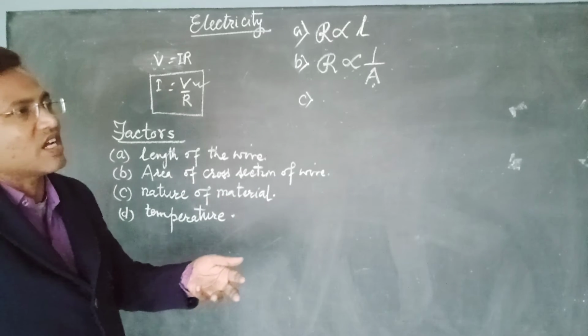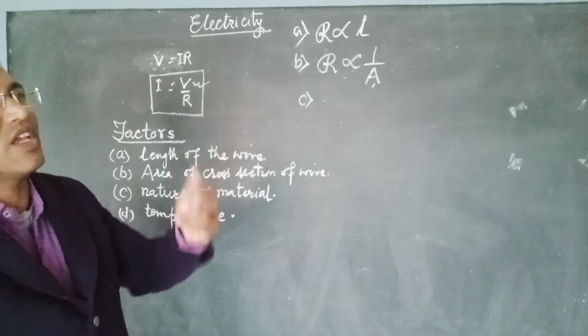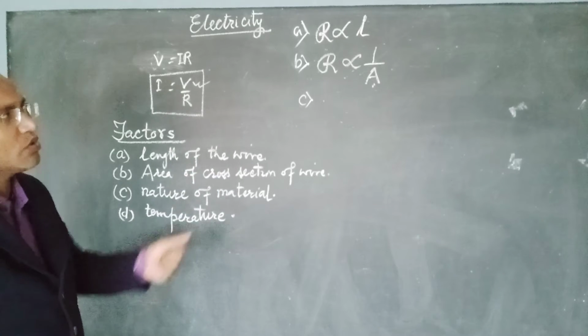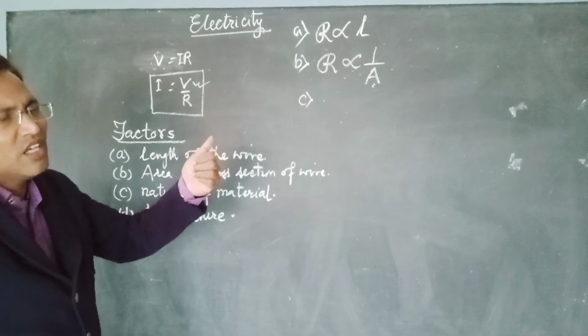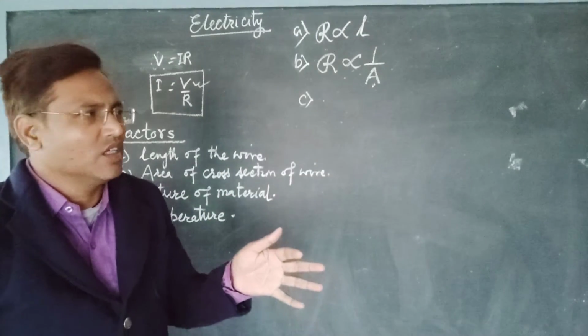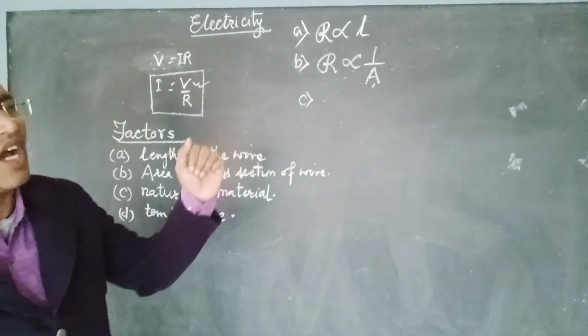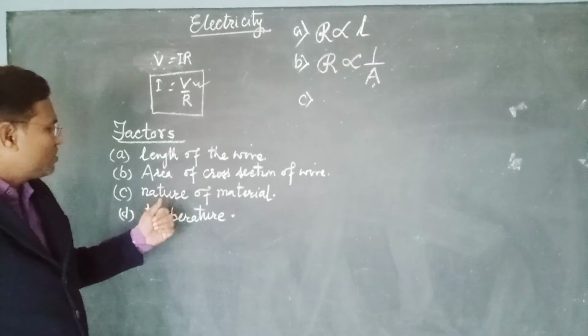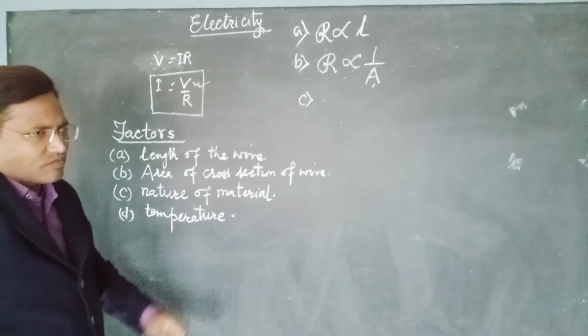If it is such a type that it allows electric current to pass through, the resistance will be less. If it is of such a nature that it doesn't allow electric current to pass through, the resistance will be high.